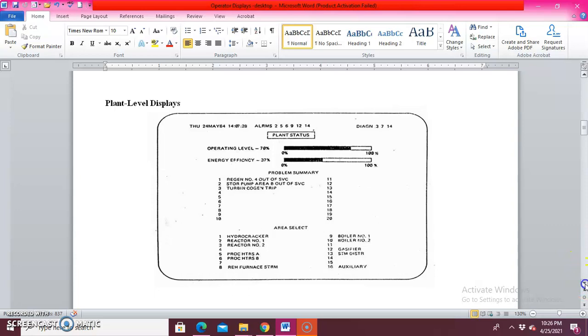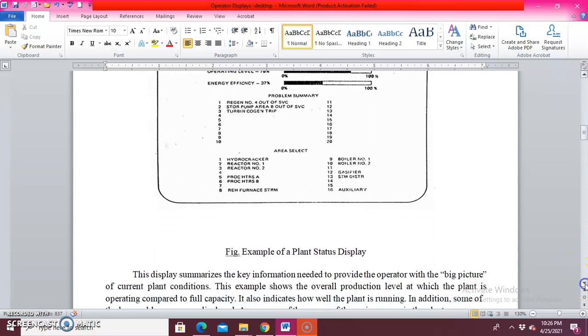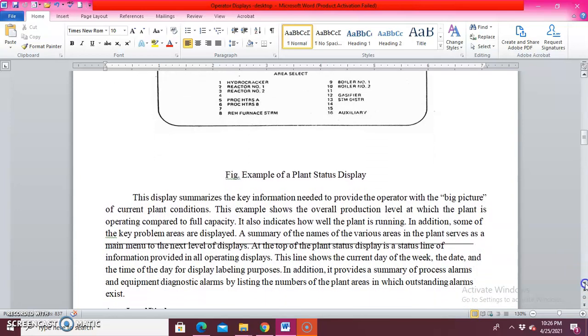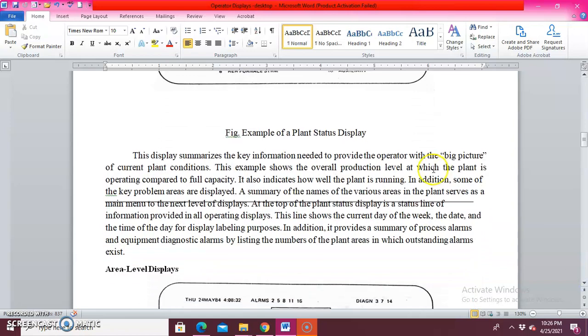The next is your area level. This particular display gives you the key information needed to provide the operator with a big picture of the current plant condition, whether it is operating at full capacity, the plant is running, or it is in shutdown. Whatever the summary data, we can get it from this display.